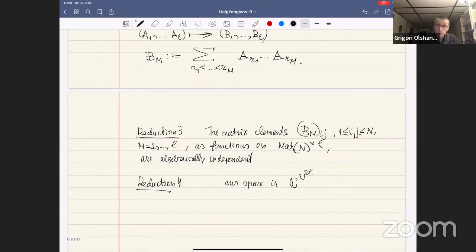And because this is a good map, it's enough to show that the differential, in the sense of differential geometry, where a linear space is mapped into another linear space, and we get the tangent map at a point, is non-degenerate at a certain point.